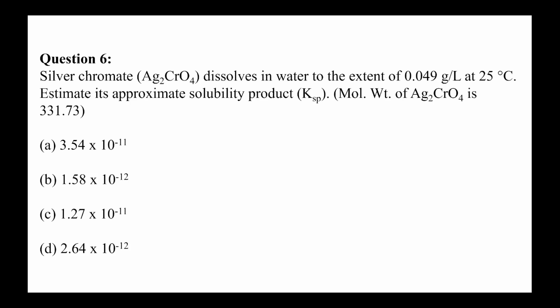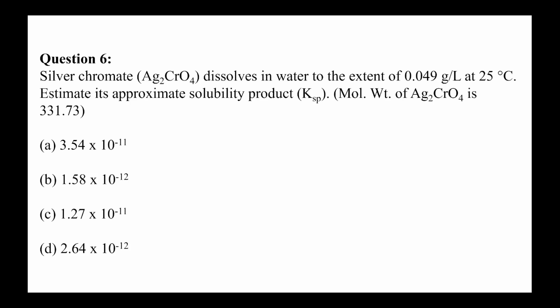And from this solubility, we have to calculate the solubility product. And the molecular weight is given because the concentration is given in grams per liter and not molar. I have also taught you in the previous session how to convert gram per liter to molarity. So use that information, convert it into molars, and find the solubility product for silver chromate.